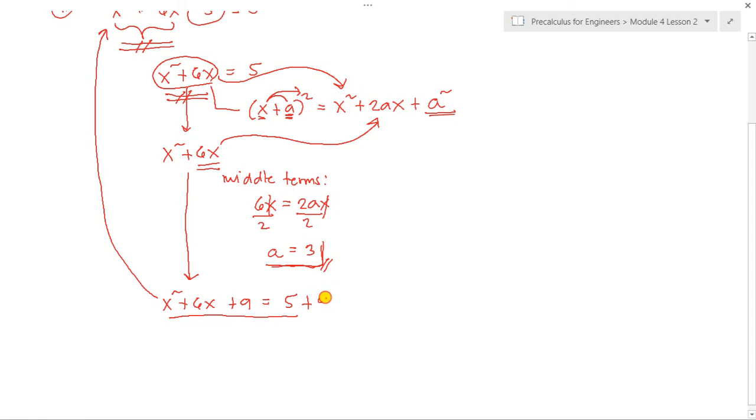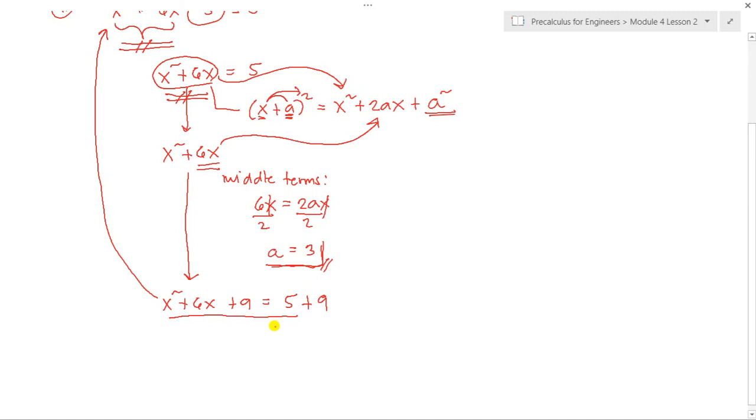So plus 9 para mabalance na yung ating equation. Meaning hindi natin sinasobrahan yung other side and hindi rin nasobrahan yung other side. This is the harmony in algebra na dapat you should know how to balance equation.